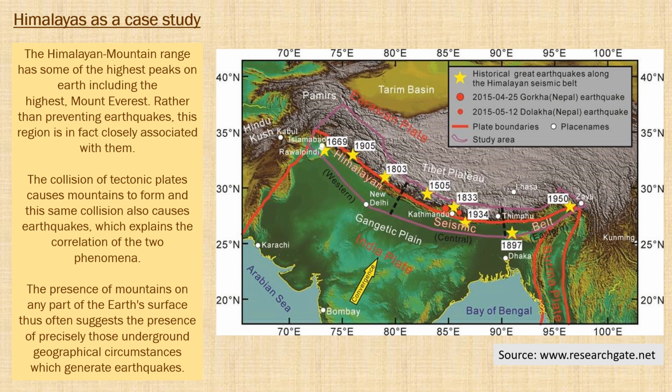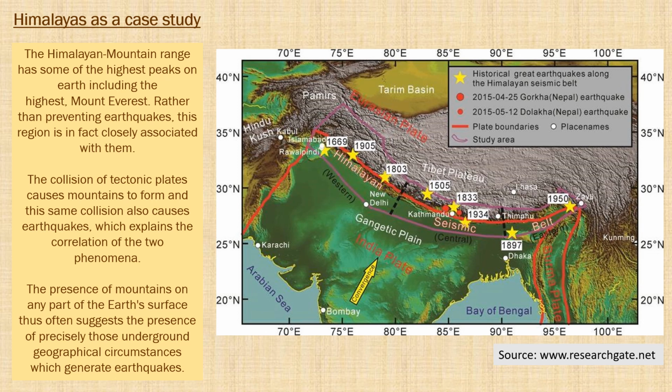For example, a well-known mountain range is the Himalayan mountain range. It has some of the highest peaks on Earth, including the highest, Mount Everest. Rather than preventing earthquakes, this region is in fact closely associated with them.